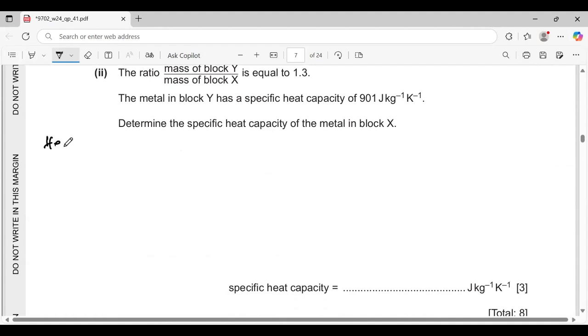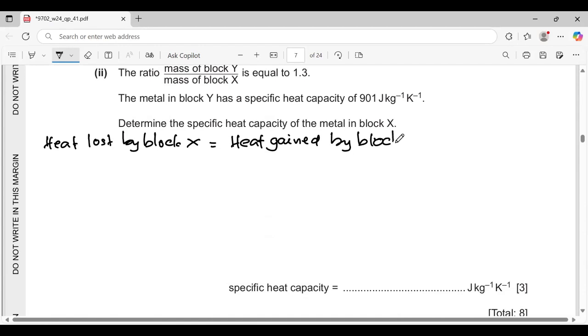It says that the heat lost by block X equals the heat gained by block Y. Or in formula, mx times Cx times delta theta x equals my Cy delta theta y.